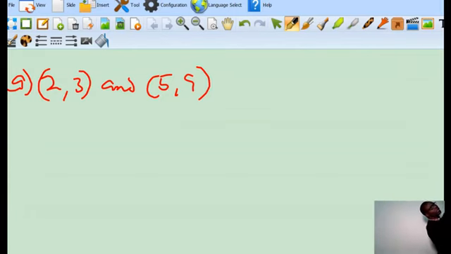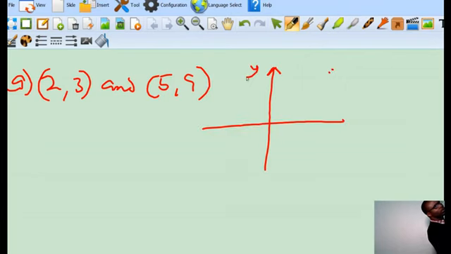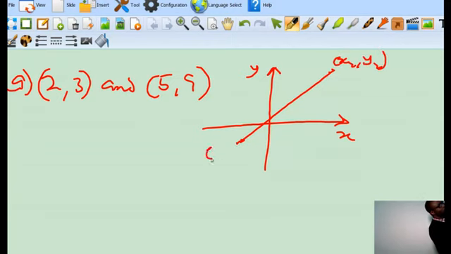Now lest I forget, I told you when a point is on the y-axis, then this is the x-axis, and another point is here, and the line is joining them. Now you want to find the midpoint of the line segment joining them. Let's say this is x2, y2, and this is x1, y1.